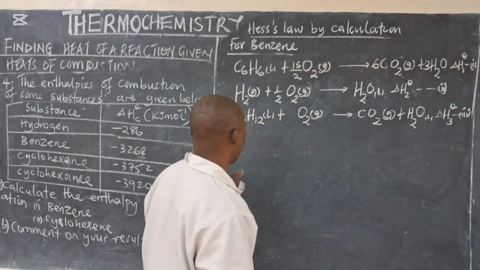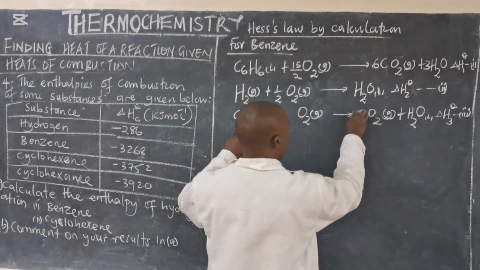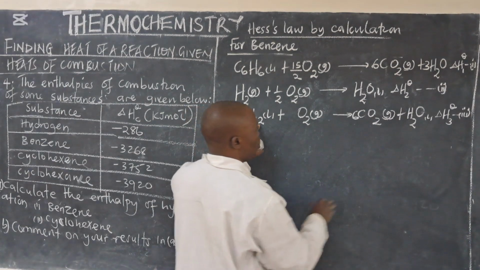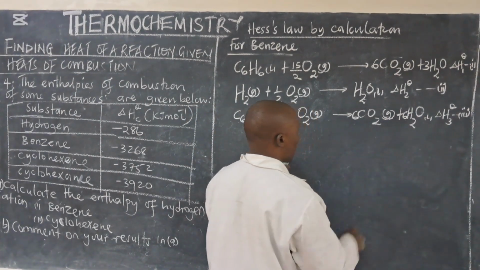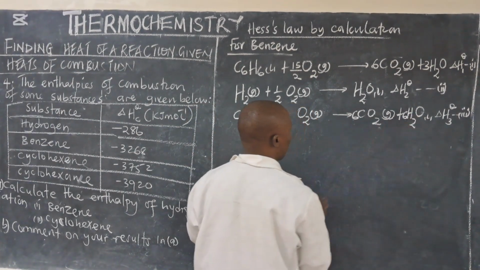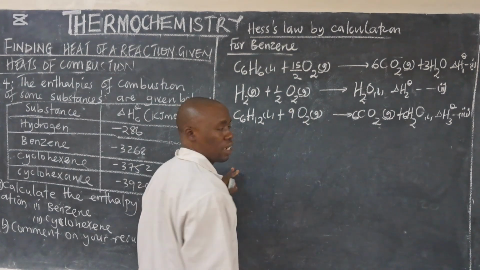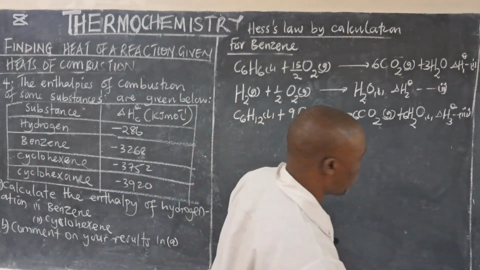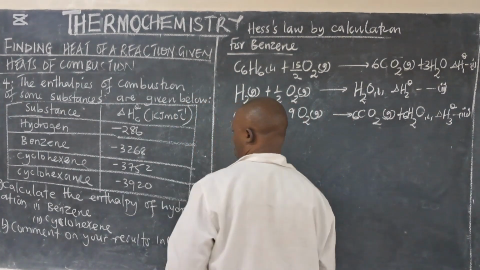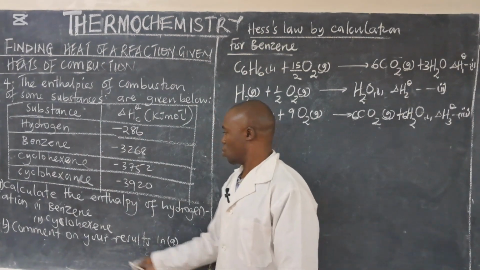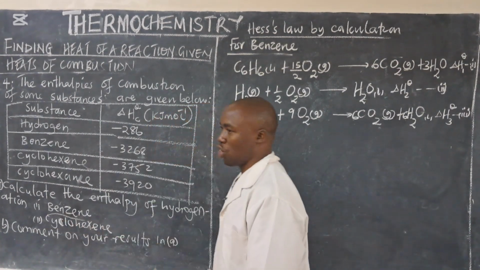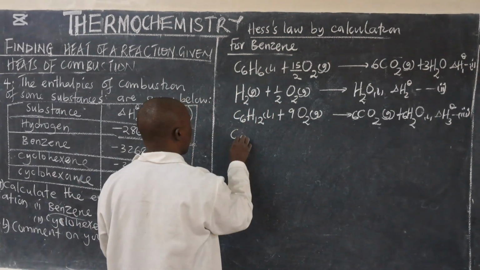Now let's balance it. This is 6 carbon atoms. Hydrogens are about 12, so put here 6. So making oxygen, this is 12 plus 6, that's 18. Put here 9. So that balances the equation. Now, what do we want? We want to write the equation for hydrogenation of benzene. So benzene is C6.